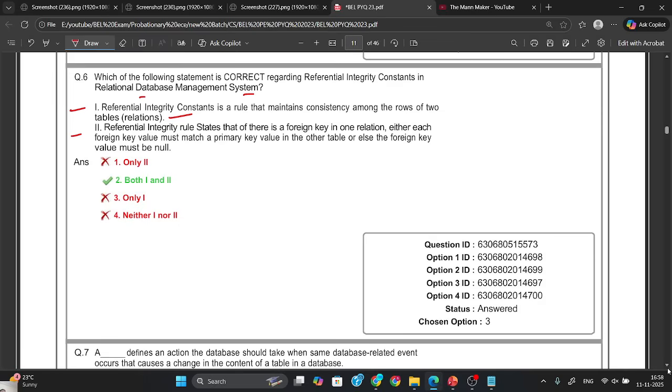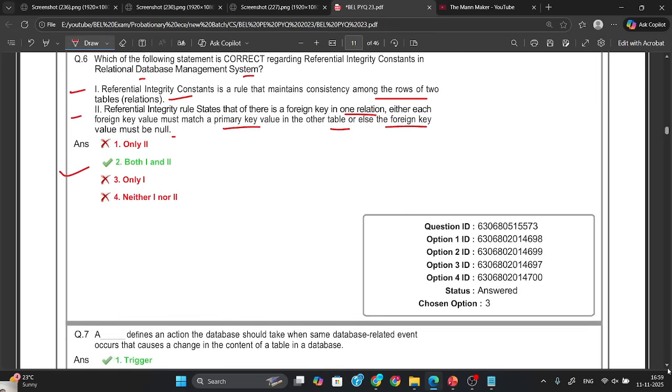This one is correct, because it applies among the two tables only. Another rule states that if there is a foreign key in one relation, either each foreign key value must match a primary key value in the other table, or else the foreign key value must be null. So option B is the right answer, because both the statements are correct.